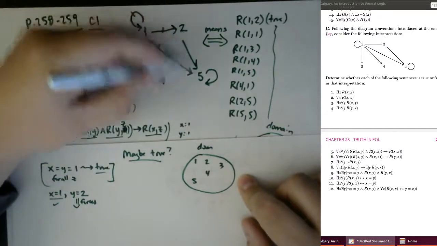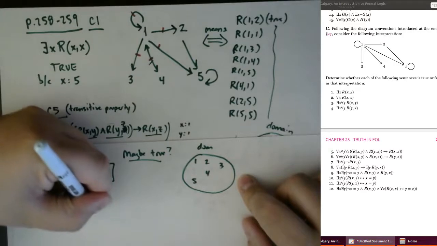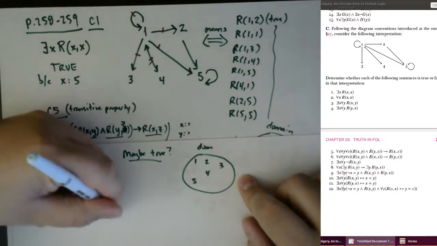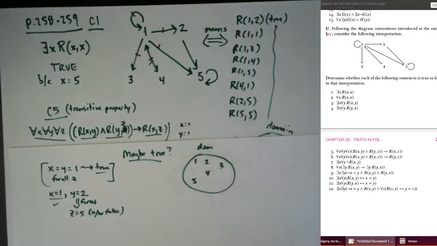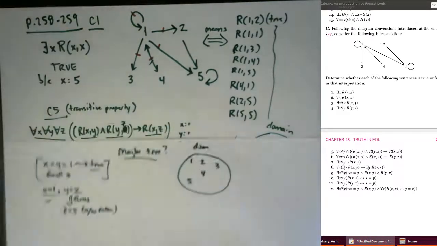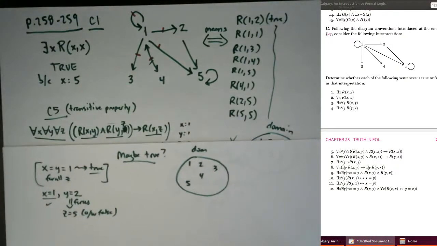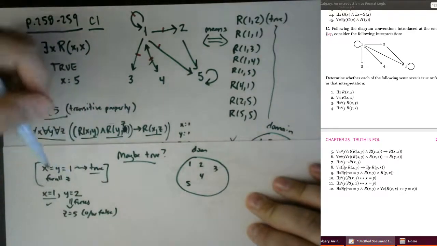So we're forced to take Z equal 5. Otherwise it's false, and if it's false, then we're done, because of, like this example.